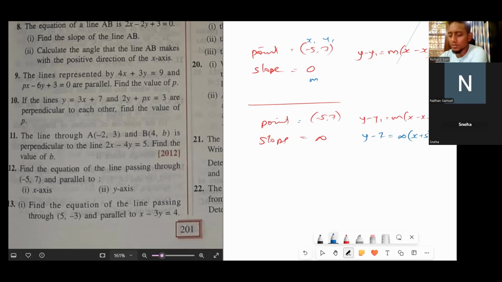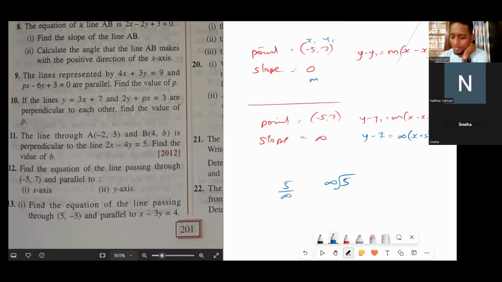What is anything divided by infinity? For example, 5 divided by infinity. Infinity into what is 5? Okay, let's put it another way.